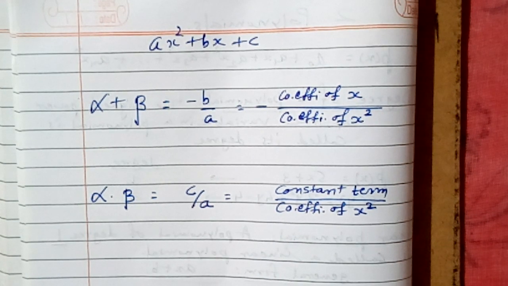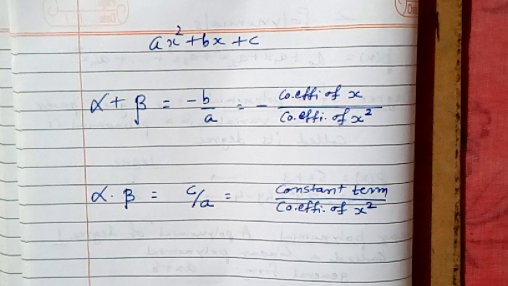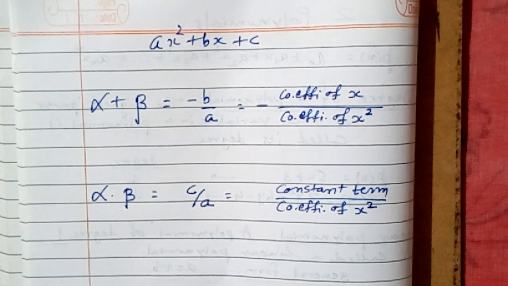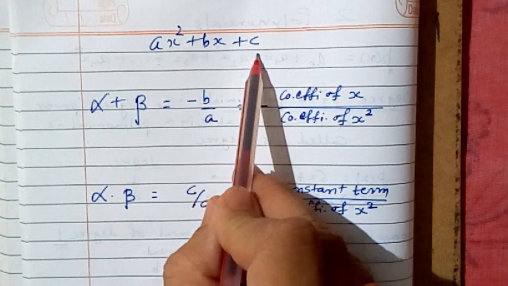If we accept zeros as alpha and beta, we know that it is a quadratic equation, so highest degree is 2. So the given equation has maximum number of zeros 2. 2 zeros may be equal, may be different, that means distinct.